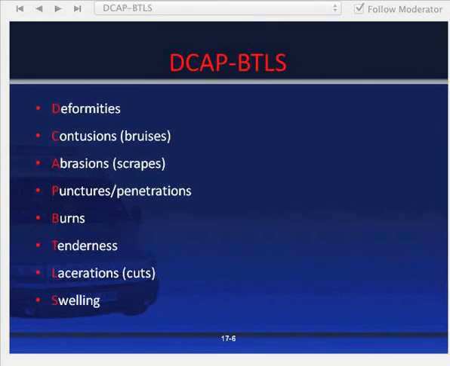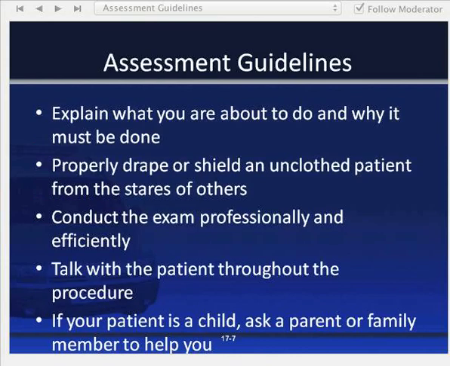This is something that you will need to memorize.